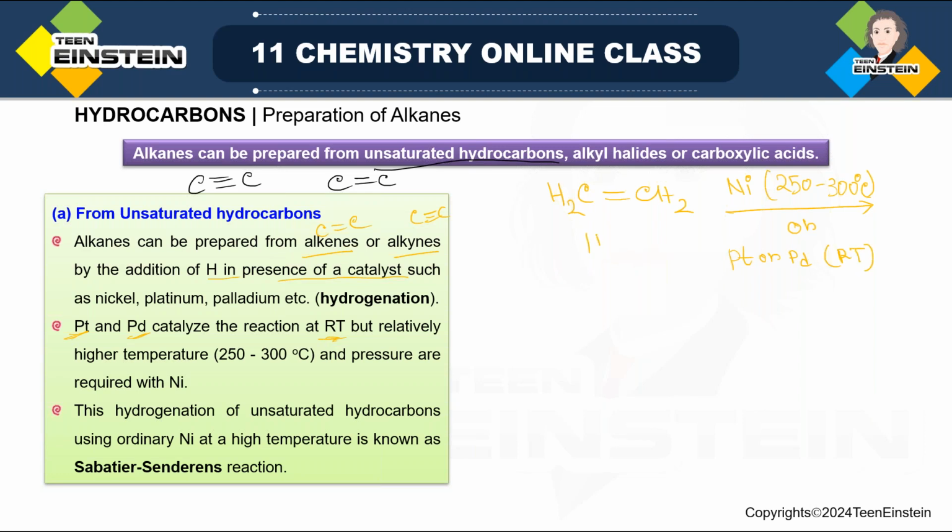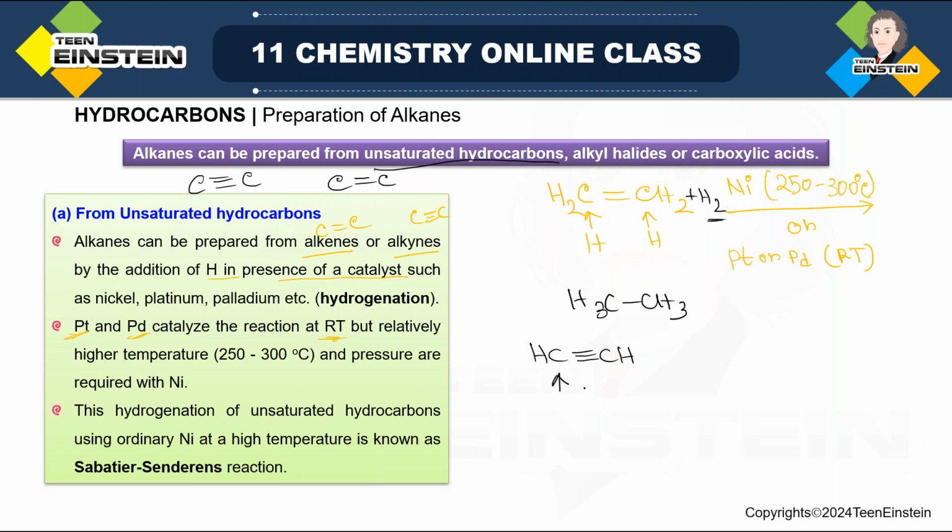And what are you getting? 2 hydrogen atoms will be added to these 2 carbons, and ultimately you will get ethane. Similarly, if we start from an alkyne, this is the first main member of the alkynes. Here 1 mole of H2 is enough for 1 mole of ethylene, because you are getting 2 hydrogen atoms from a single molecule of H2.